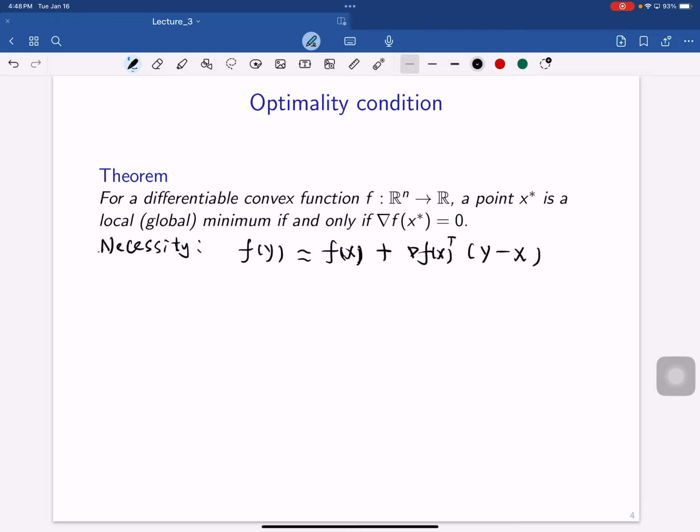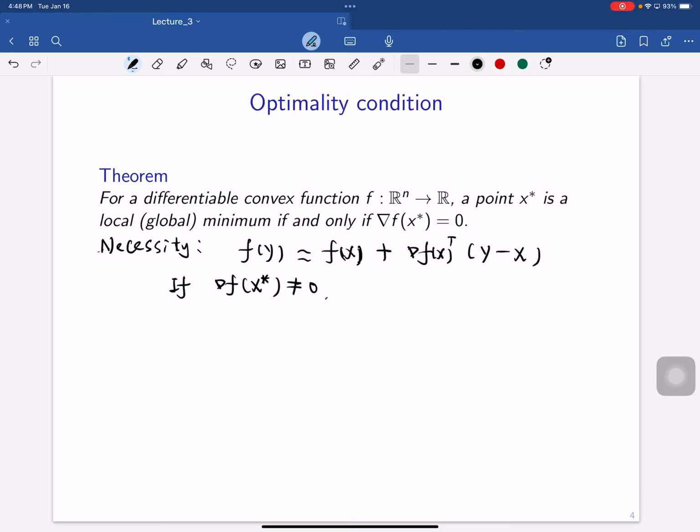And a simpler way to argue would be, for the sake of the argument, if this gradient at x star is non-zero, then there exists a direction in which f(x) can decrease.